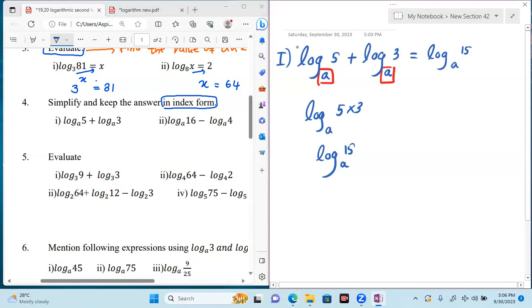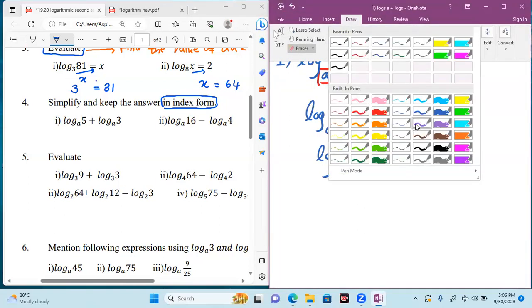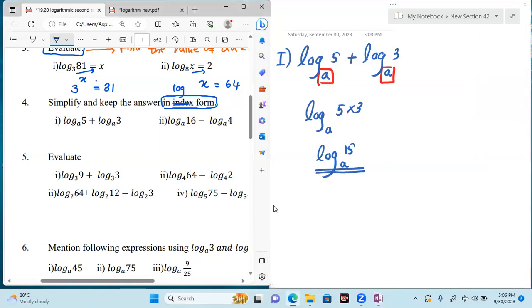That means this becomes the index. In index form, this is the index. You can just keep the answer in log form. There is no way to keep this in index form. This should be log form actually.